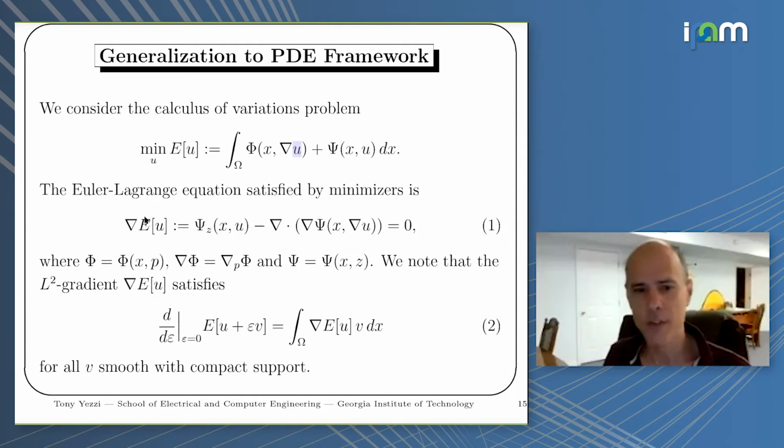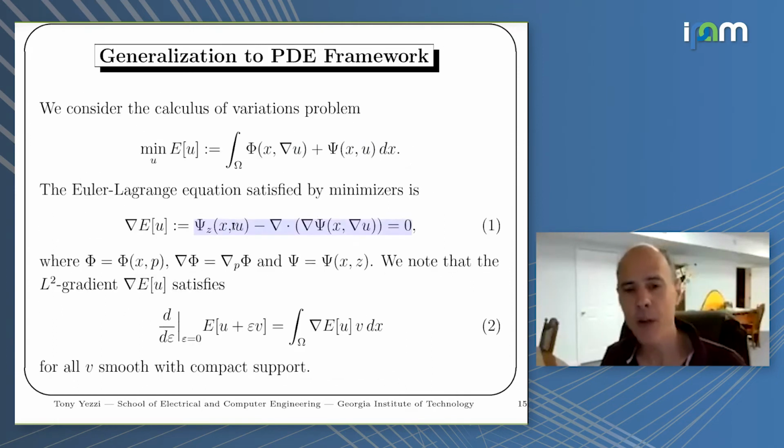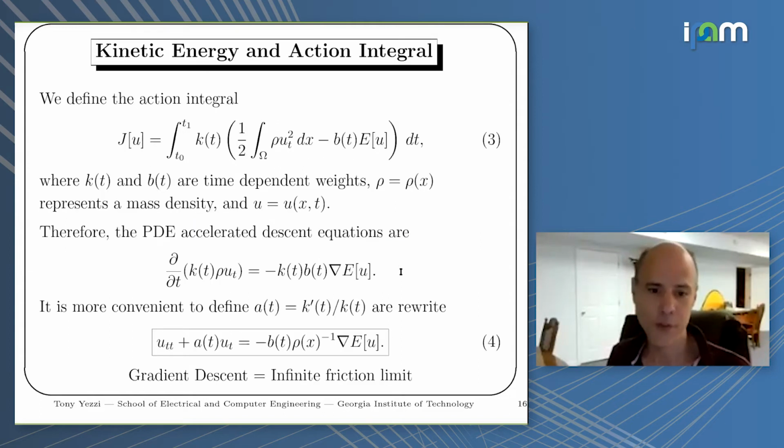You can effectively say gradient equals 0, and that gives you the following Euler-Lagrange equation. Then you can form a gradient descent out of this by introducing a time derivative and setting the time derivative of u equal to minus its gradient. And that gives you the classic gradient descent.